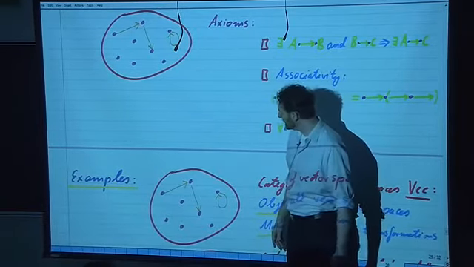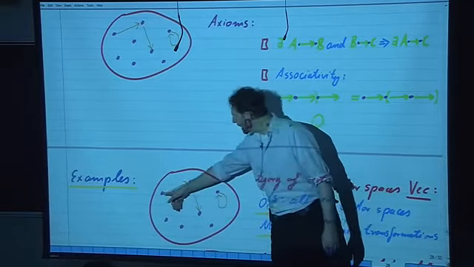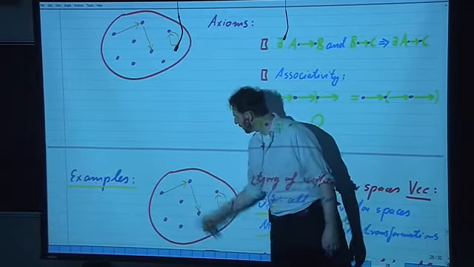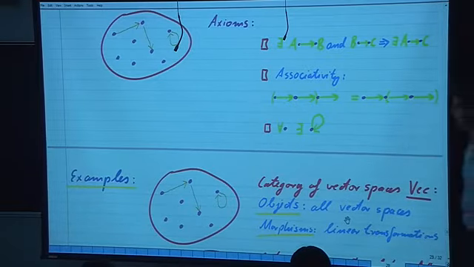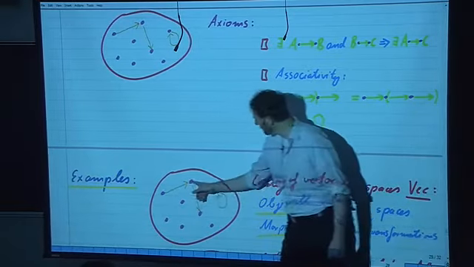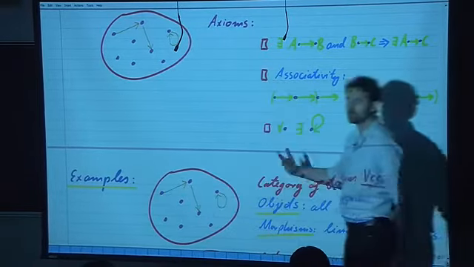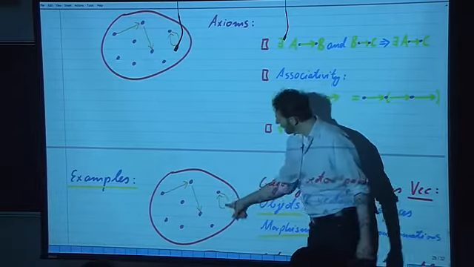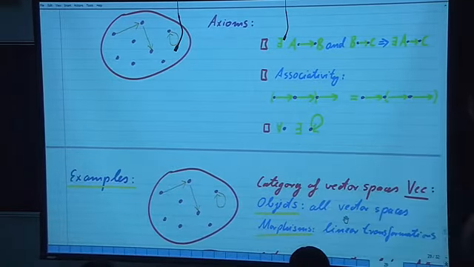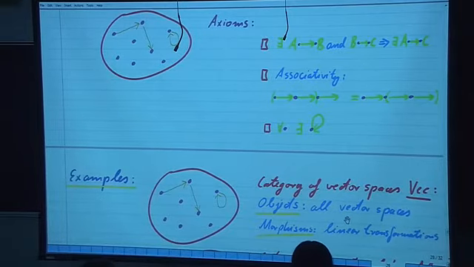And it turns out that by defining the objects to be vector spaces and the morphisms to be linear maps, we obey those axioms. If there's a linear map from here to there and from there to there, there's going to be a linear map from here to there as well. And you can compose them associatively as well. And there are always linear automorphisms as well. So let's call this category the category of vector spaces, VEC with an underline.